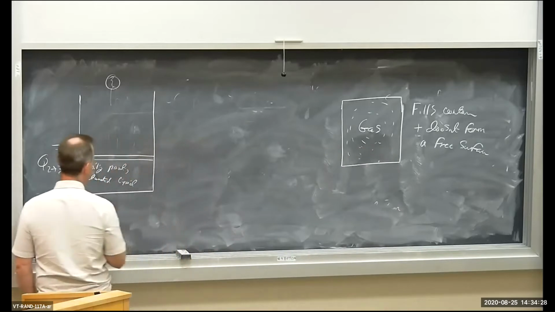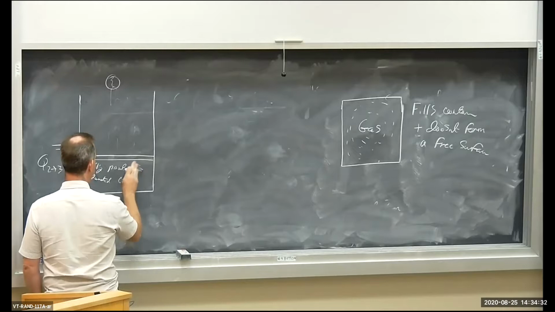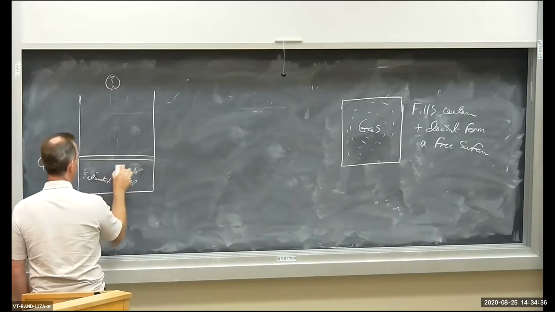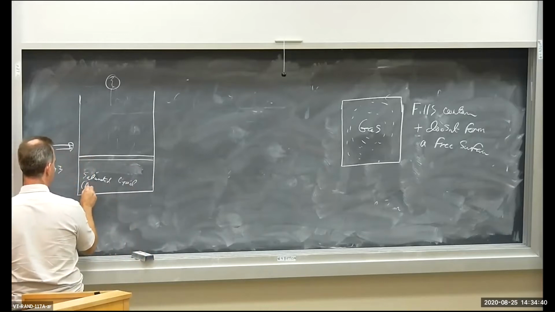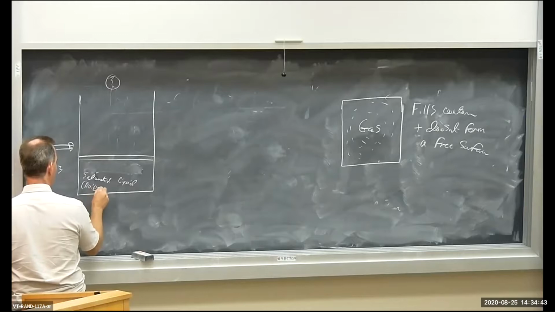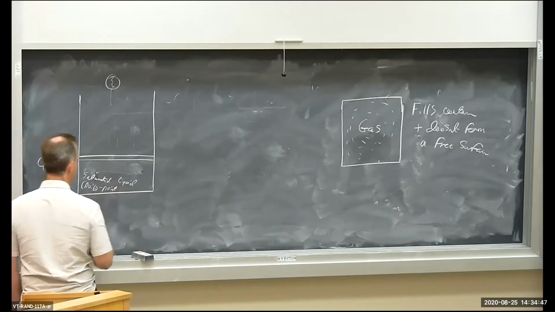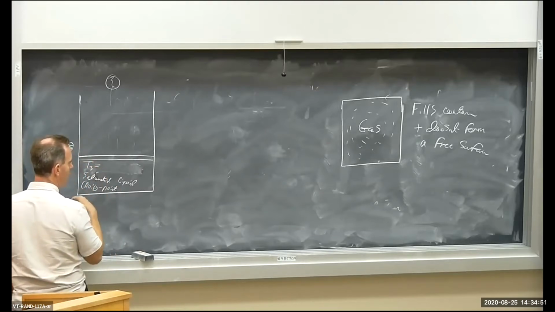So T3, I'm going to erase this boiling point here. If you want to put it down in parentheses, I'll put it down here. Boiling point. So T3 is called the saturation temperature.